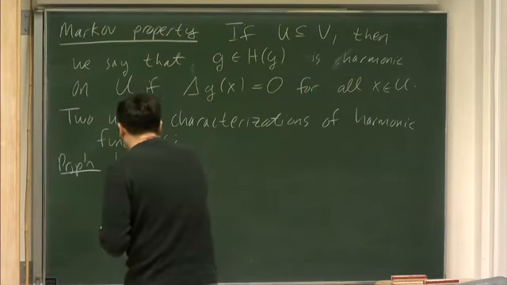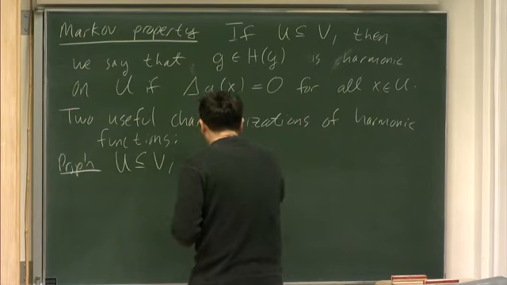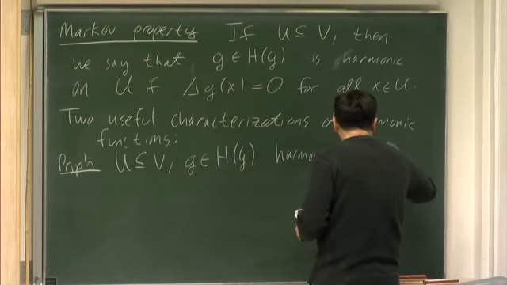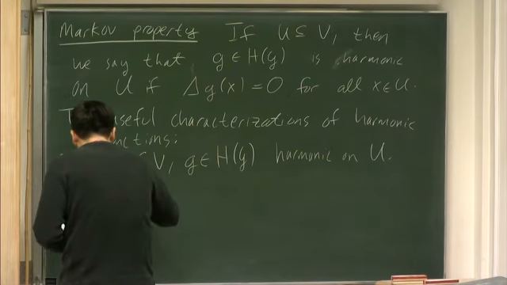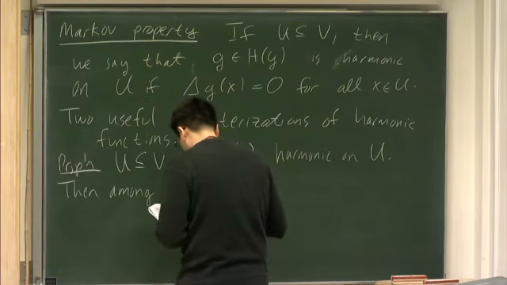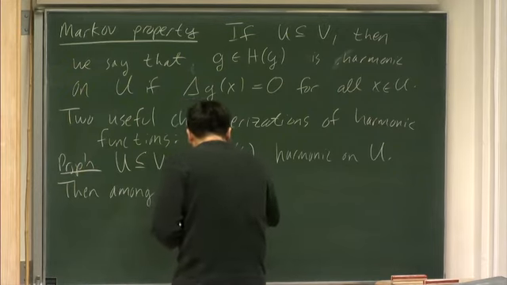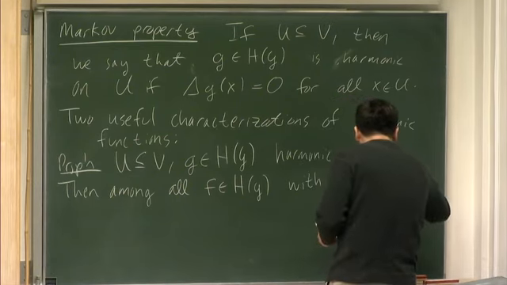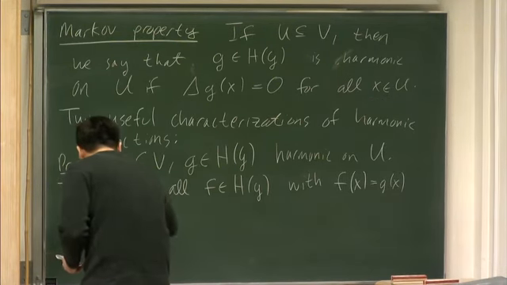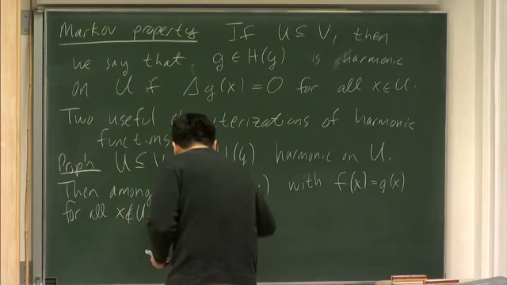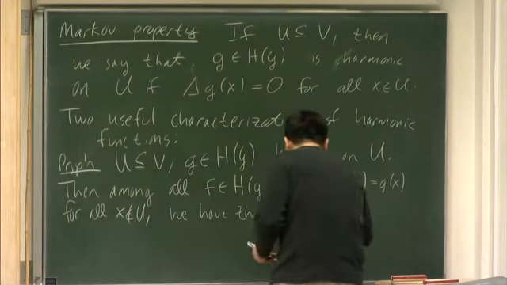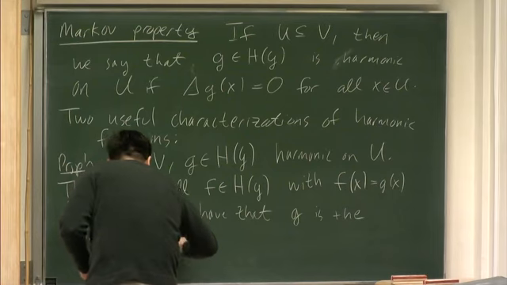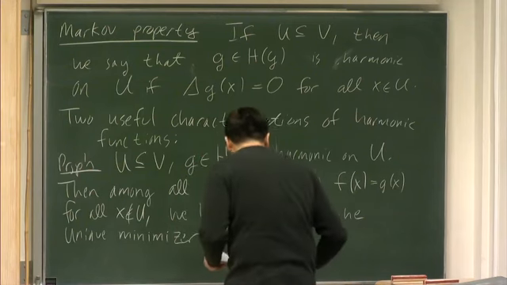So what it says is that if you have a subset of vertices in the graph, and you have a function g on the graph which is discrete harmonic on U, then among all functions on the graph which agree with g outside of U, g is the unique minimizer of the norm.